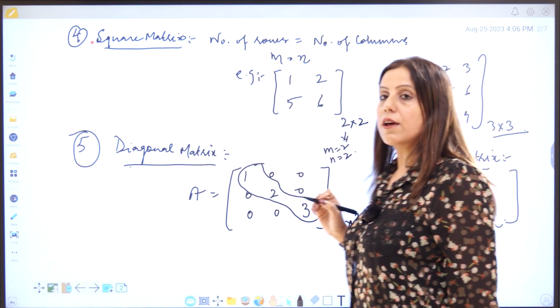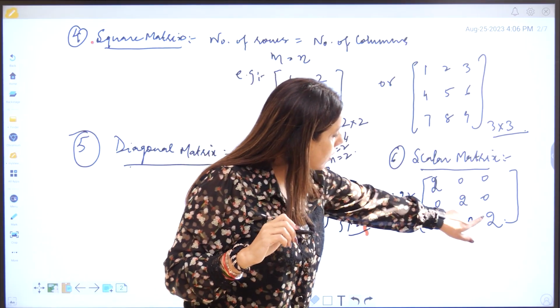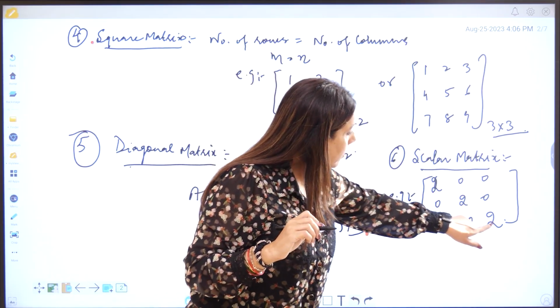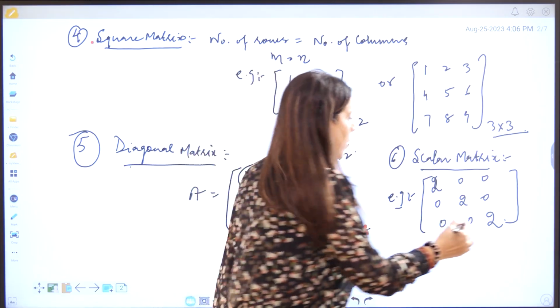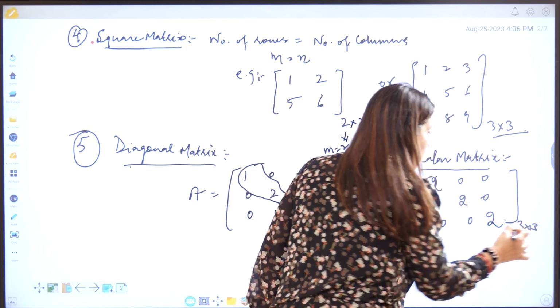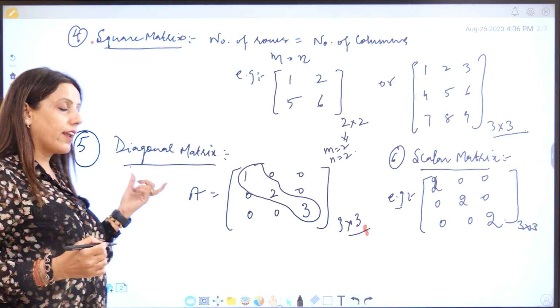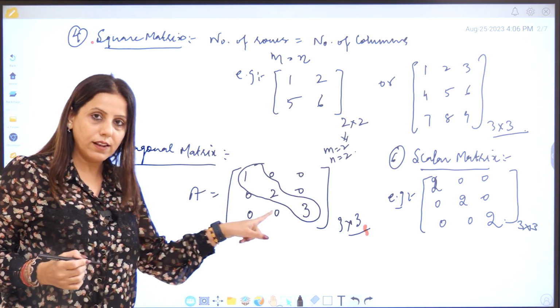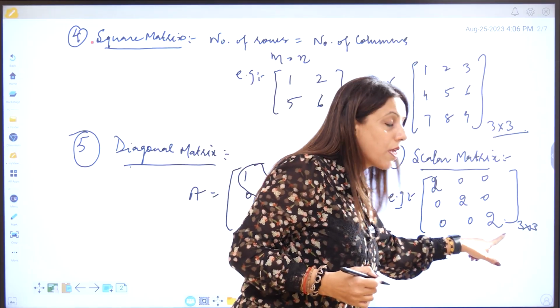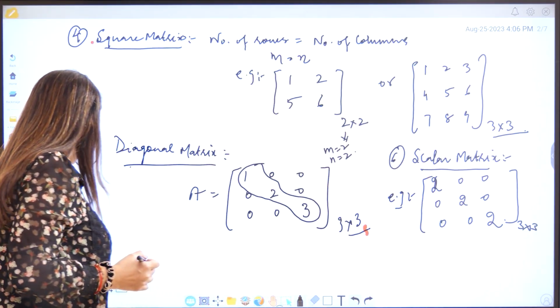This is the scalar matrix. Why do we call it a scalar matrix? Because all the diagonal elements are the same, that is 2, right? What is the difference between the diagonal matrix and the scalar matrix? In a diagonal matrix, there are different elements in the diagonal and there are equal elements in the scalar matrix. Is it clear?